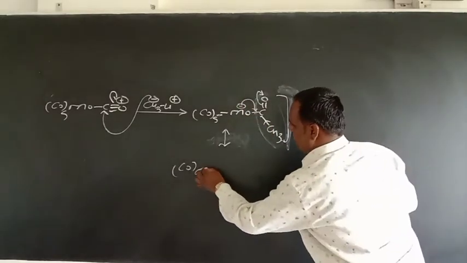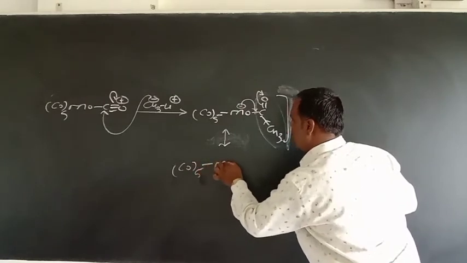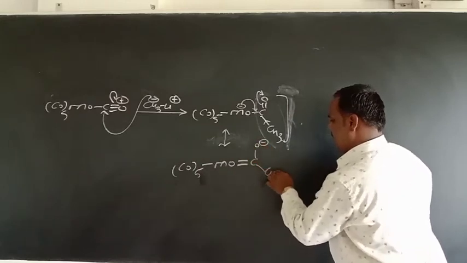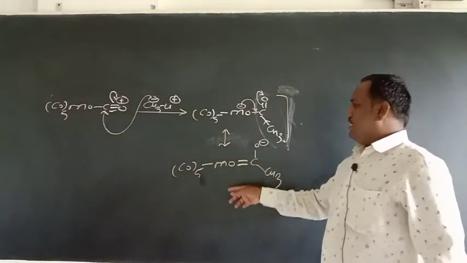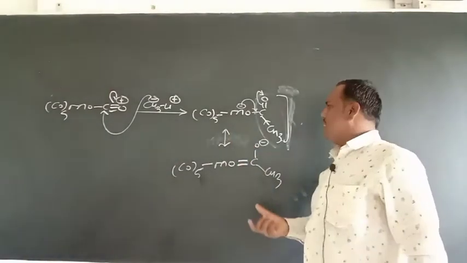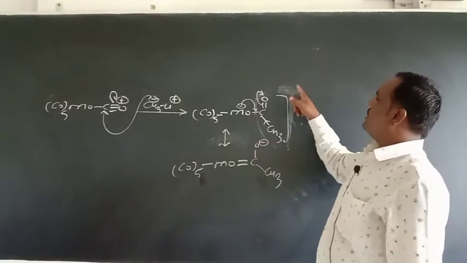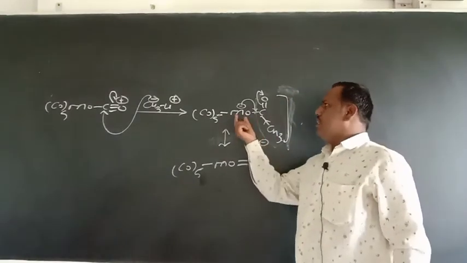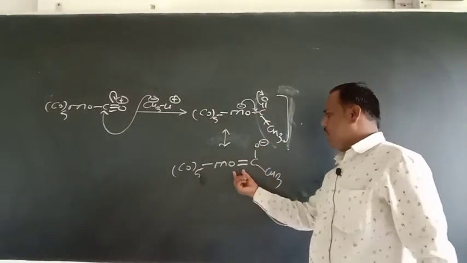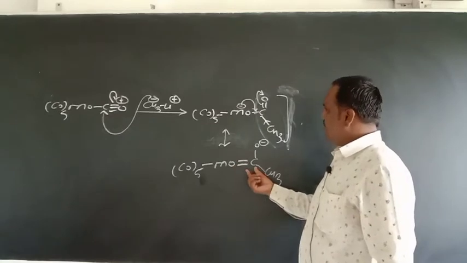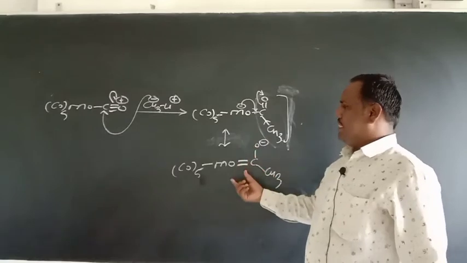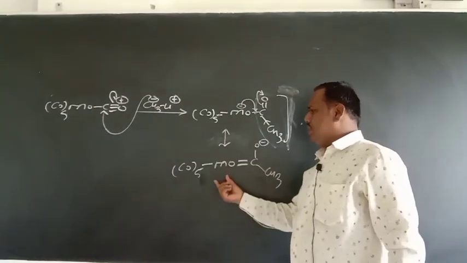So we get here (CO)5Mo double bond CO minus and here CH3. So this and this are the same, just like a keto-enol tautomerism. In this case the charge is present on the metal atom, and after donation of electron the double bond is formed between the metal atom and this carbon, and we get C double bond O minus ion. So the intermediate will exist in two different forms.